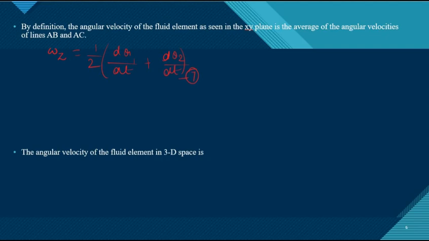And now we have got the values of d theta 1 and d theta 2. If I substitute them, what will be the answer? We can write it as dou v by dou x minus dou u by dou y. This is our equation 8. Now this equation 8 is for 2D space or 2D Cartesian coordinate system.